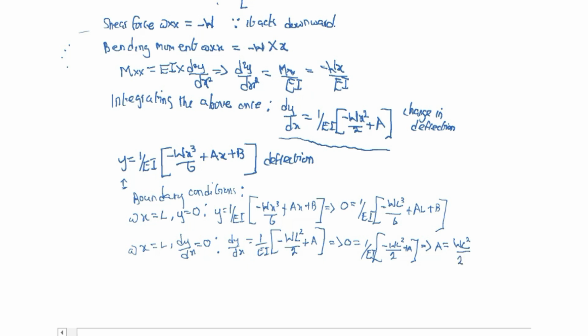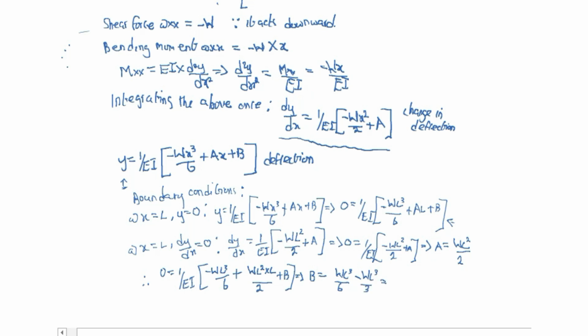Substituting the value of A in this first equation, we can be able to get the value of B. So therefore, we have that 0 is equal to 1 over EI into negative WL cubed over 6 plus, now the value of A is found to be WL squared times L over 2 plus B. Now B would then be equal to WL cubed over 6 minus WL cubed over 3.